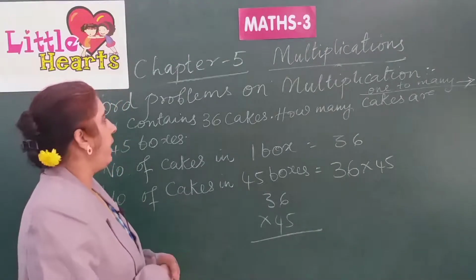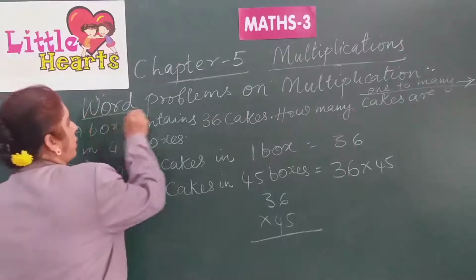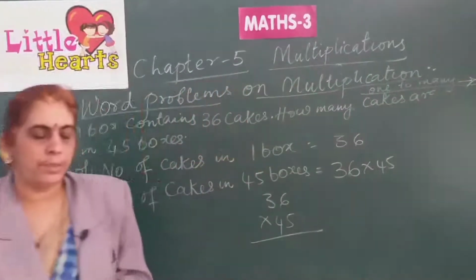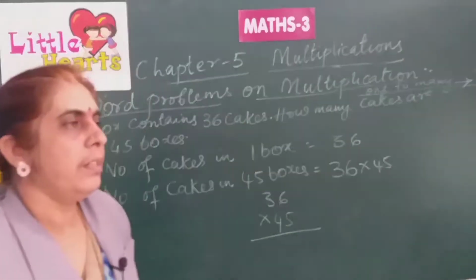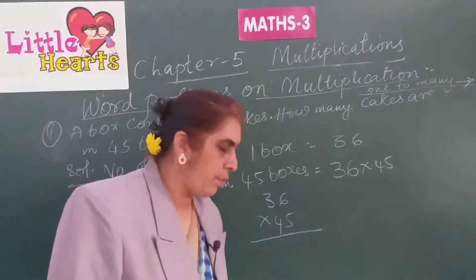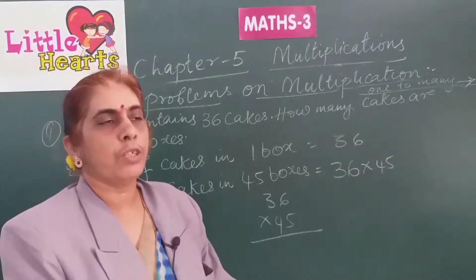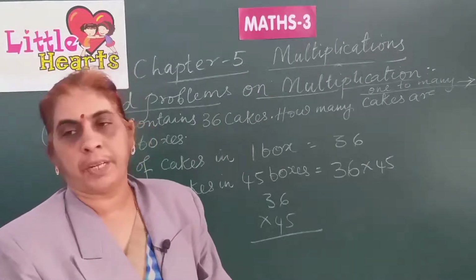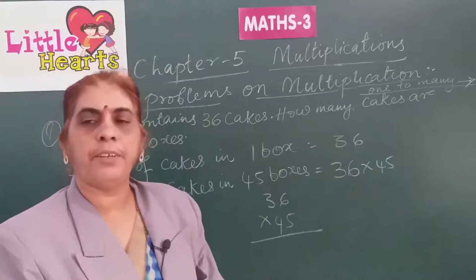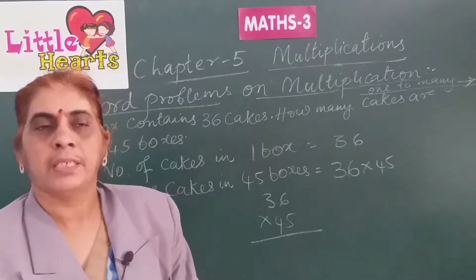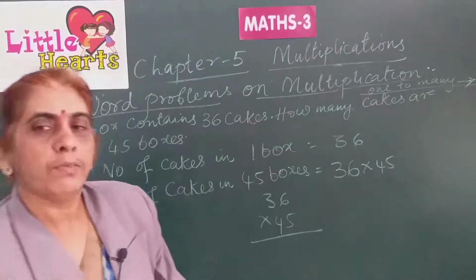Yes, children, we are dealing with word problems on multiplication now. So you went to a shop and you want to buy 5 pens, and the shopkeeper told that the cost of a pen is 15 rupees. So how much money do you need to pay to the shopkeeper? How many pens do you need? 5 pens, and cost of each pen is 15.